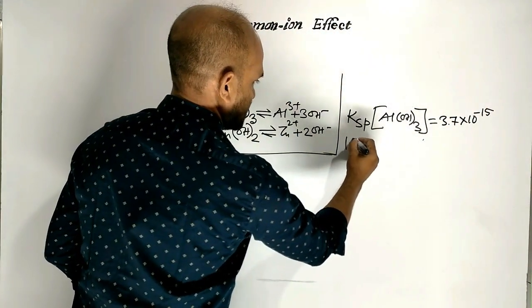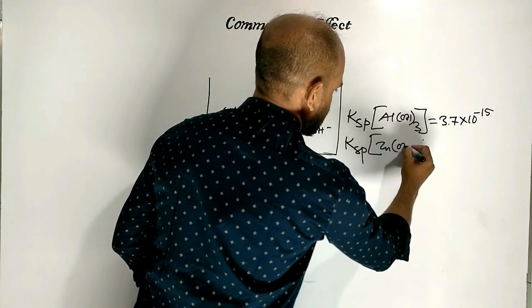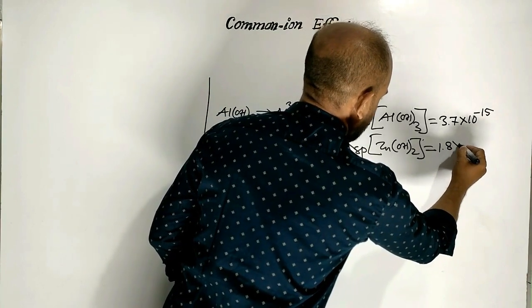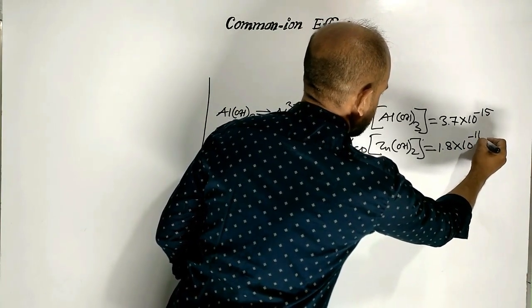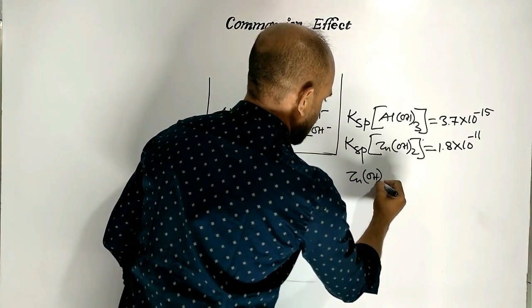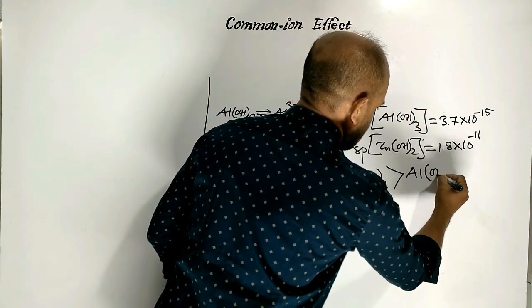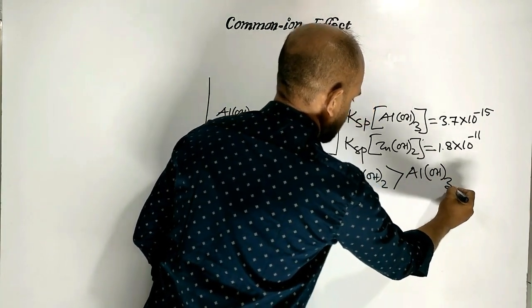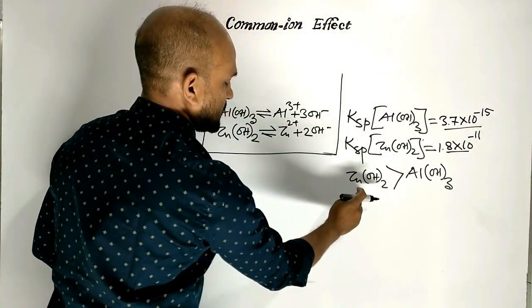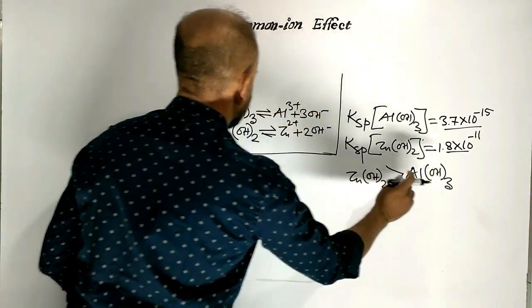On the other hand, solubility product of zinc hydroxide is 1.8 times 10 to the power minus 11. That is, from these values, we know solubility of zinc hydroxide is higher than aluminum hydroxide.